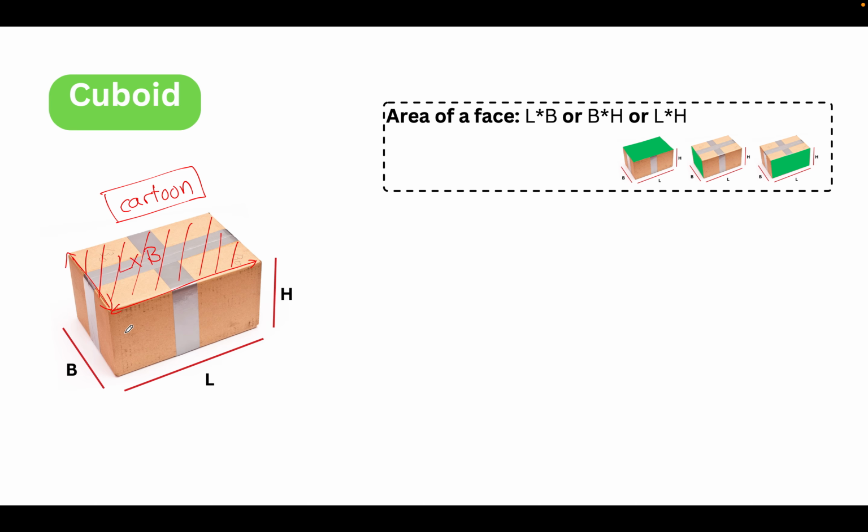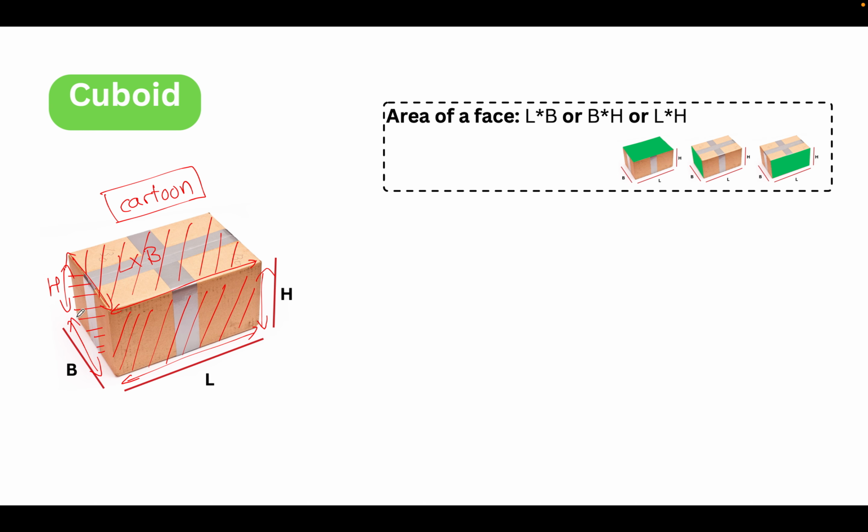If you want to find the area of this face, then we need to multiply this L with this H. And if you want to find the area of this face of a cuboid, then you need to multiply this H with this B.